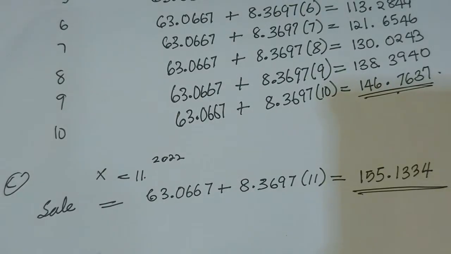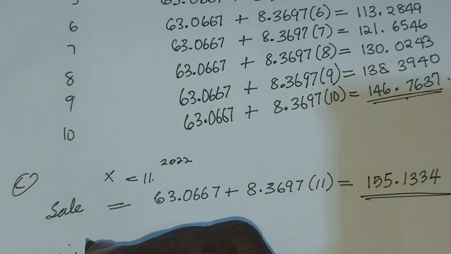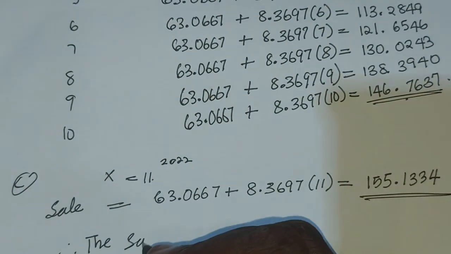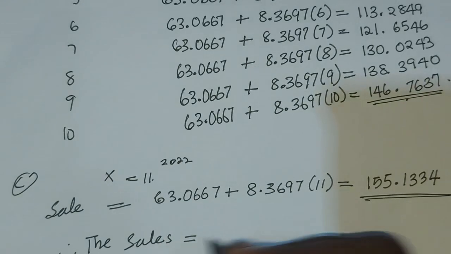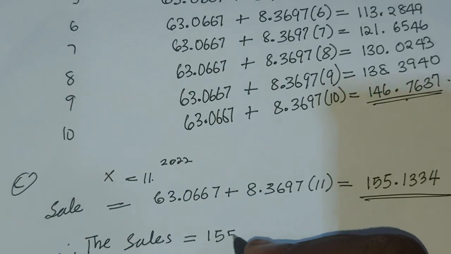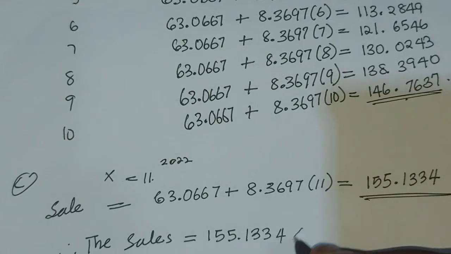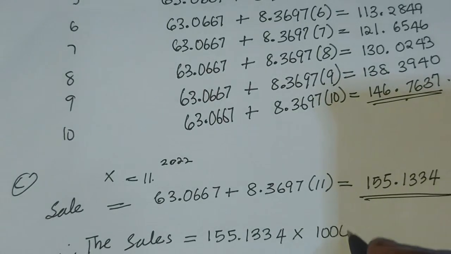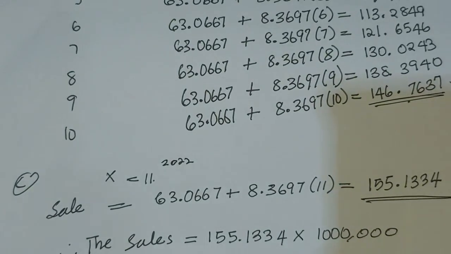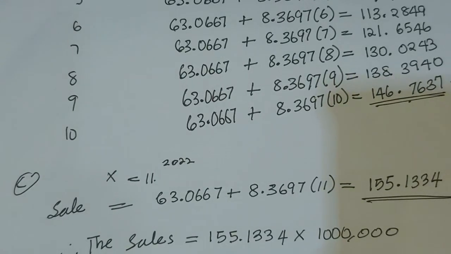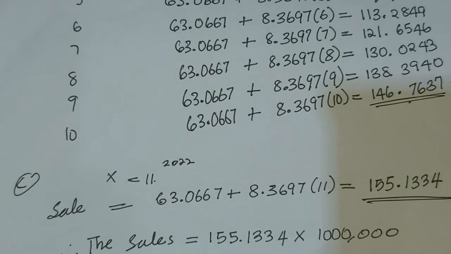But since this is in million, you can say therefore the estimated sales will be 155.1334 times 1 million, from the question. So what do you have in Liberian dollars? Don't forget, it should be in Liberian dollars.